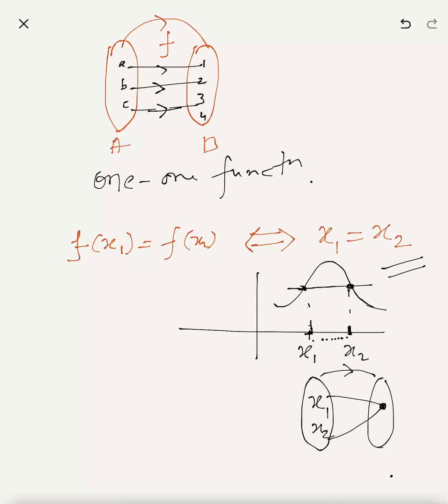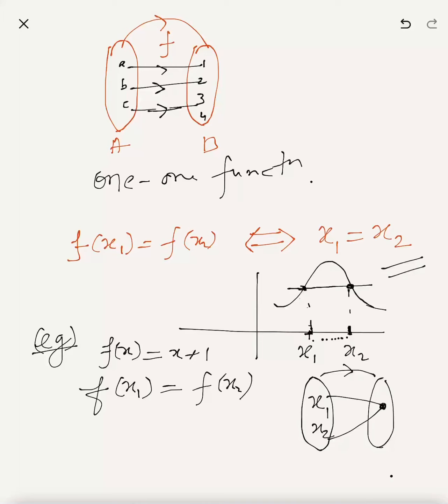For example, suppose f of x is x plus 1. Suppose we write f of x1 equals f of x2, and you prove that x1 equals x2, then we can say that this function is a one-one function. What will be f of x1?